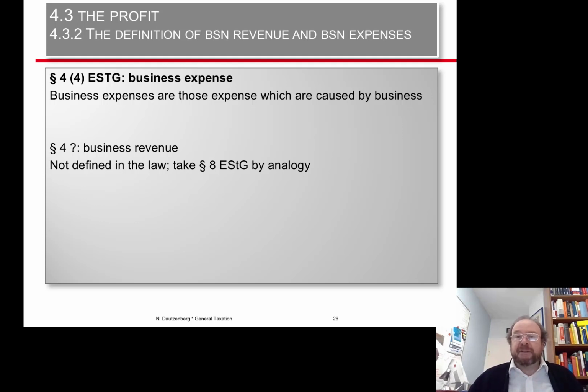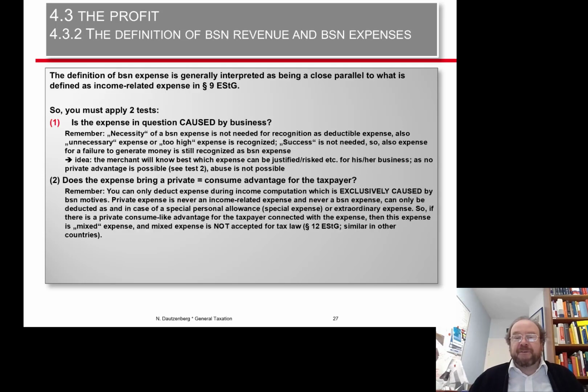And the courts in Germany usually are very keen on interpreting revenue and income related expenses in the area of the last types of income in the same way as the business revenue and the business expenses definitions in the first 3 types of income. So this is usually a formal discrepancy.